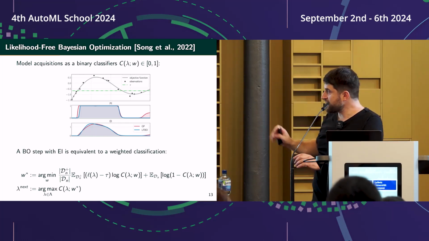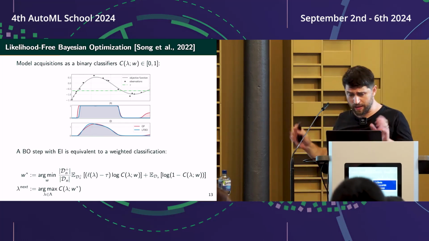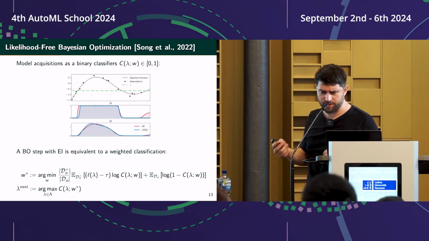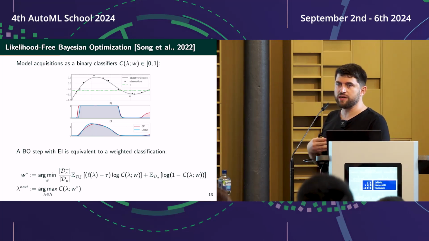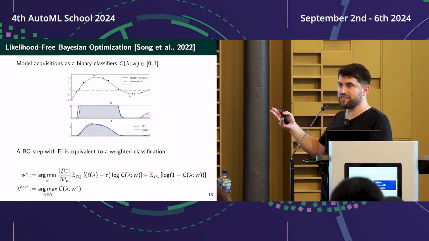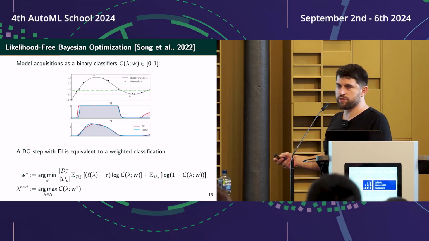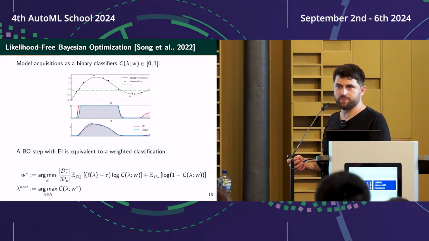And that is a very cool thing. There are early experiments that show that this can be promising, but promising from an empirical perspective. What I think is cool is that this brings HPO back to simple classification that everyone can implement in 10 minutes or so.